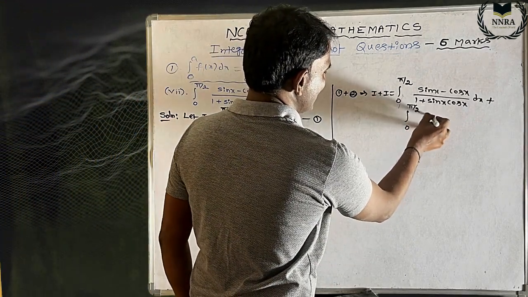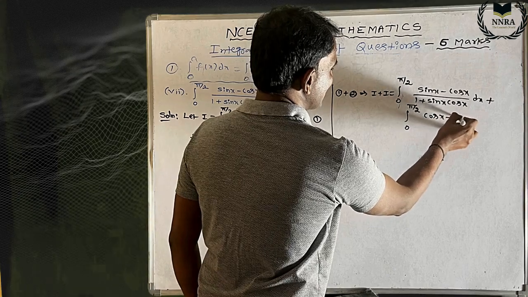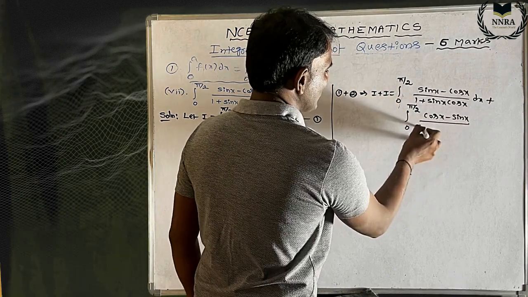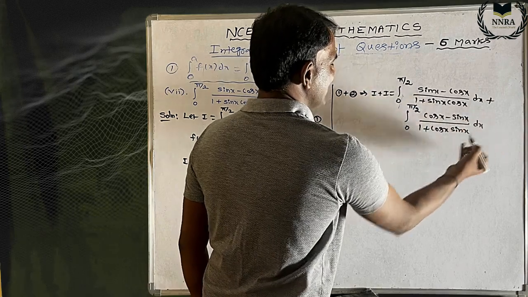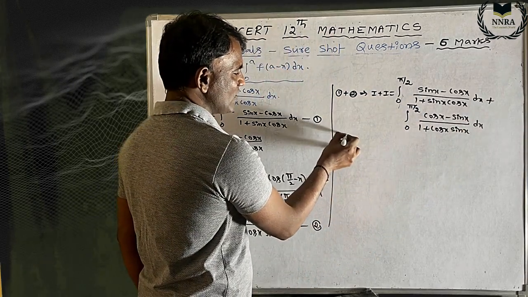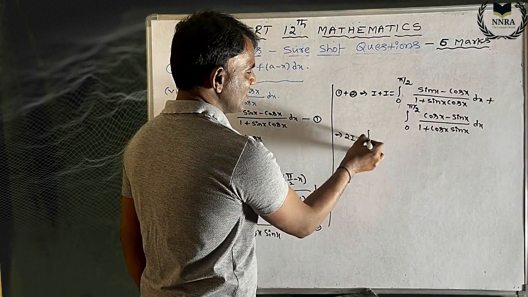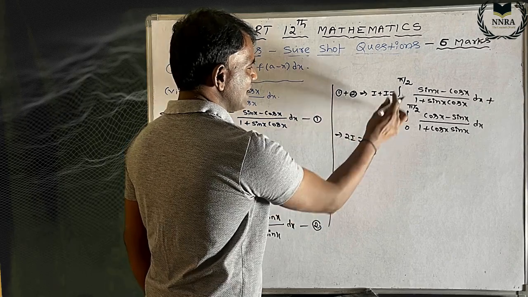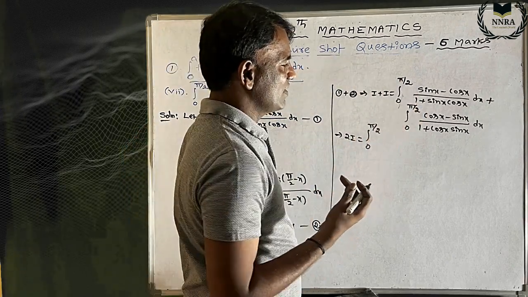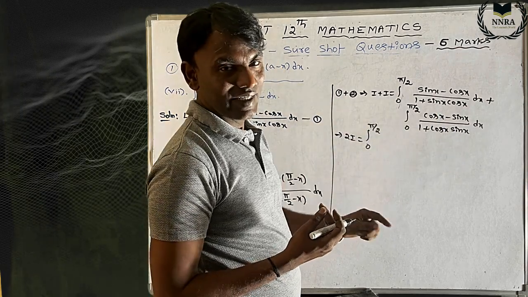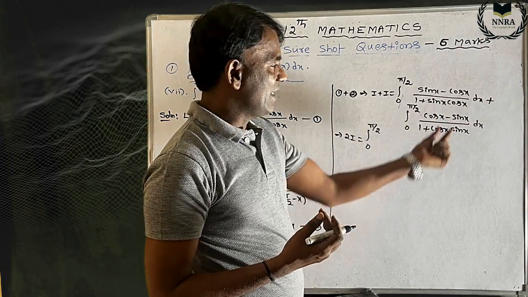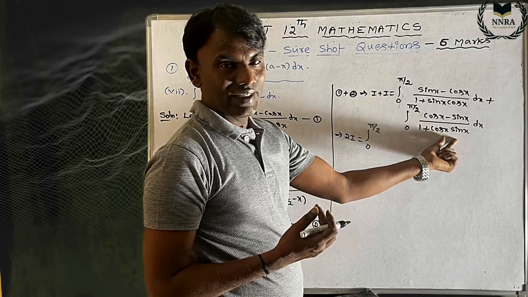So right here cos x minus sin x, and denominator 1 plus cos x into sin x, then dx. Now I plus I is 2I, and here 0 to pi by 2 is the common symbol, right? So 1 plus sin x cos x, 1 plus cos x sin x, both are same, a plus b, b plus a. Again here a into b, b into a, right?